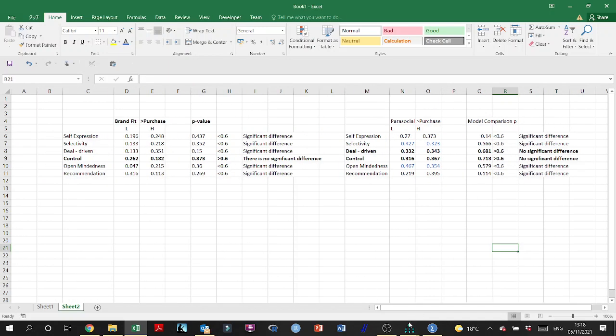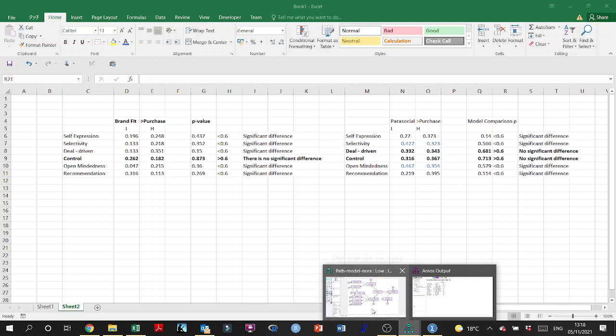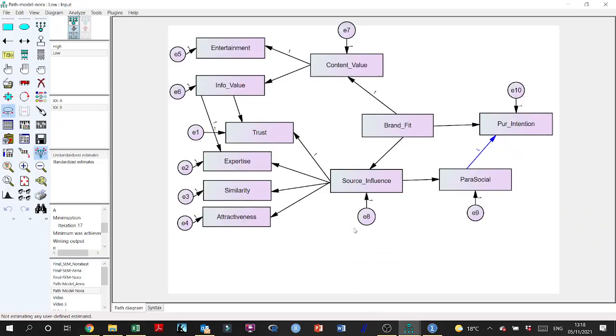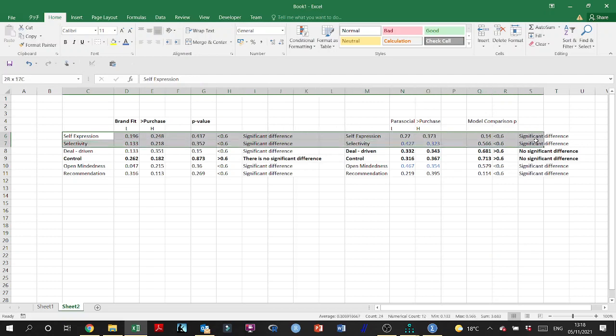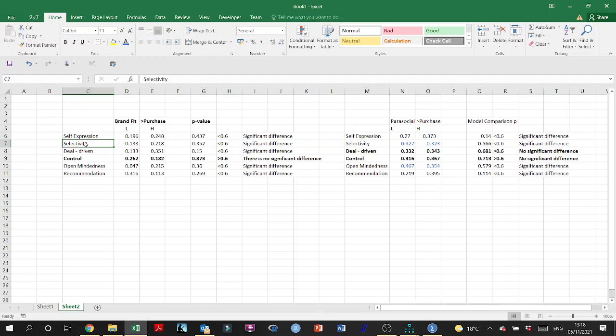So that is really the other research question. The other main research question is how these different characteristics are affecting the relationships on the purchase intention. So we can find out that this relationship here is affecting both, the higher the impact. Yes. On selectivity, though, it's not.